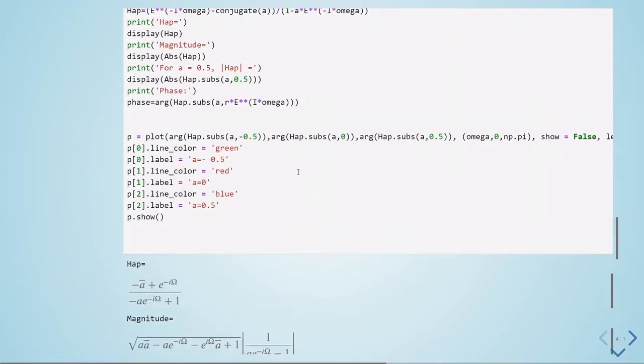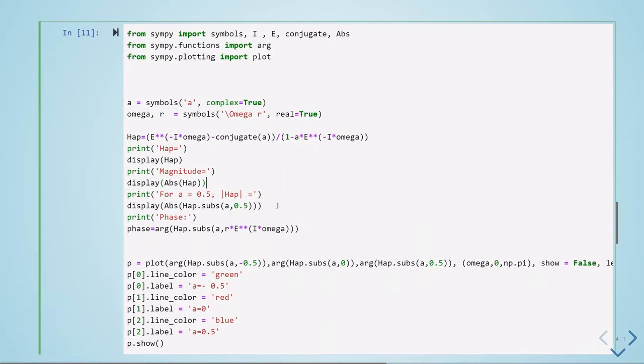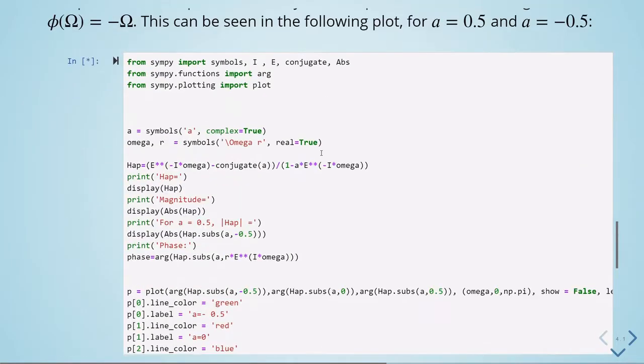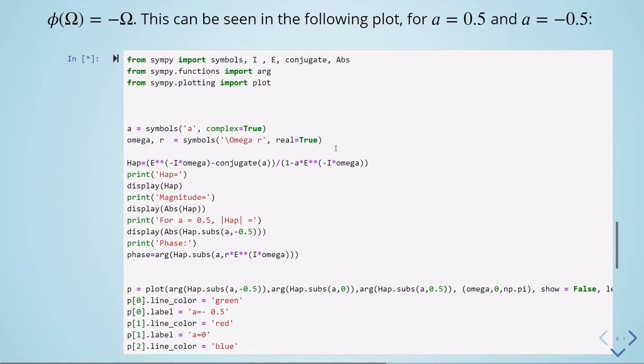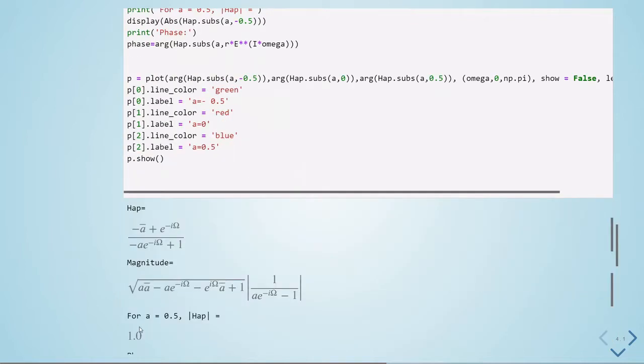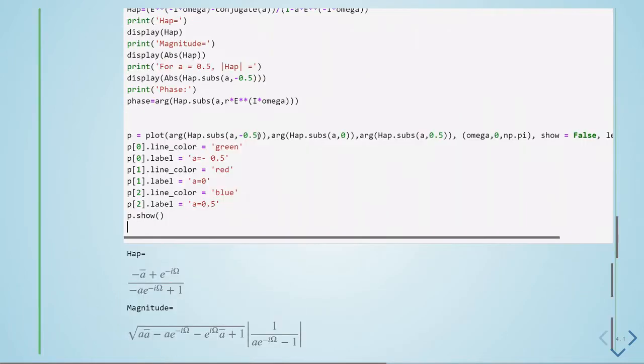And indeed, if I replace here instead of 0.5, if it's minus 0.5, and SymPy is taking some time to compute, but in fact it's also 1.